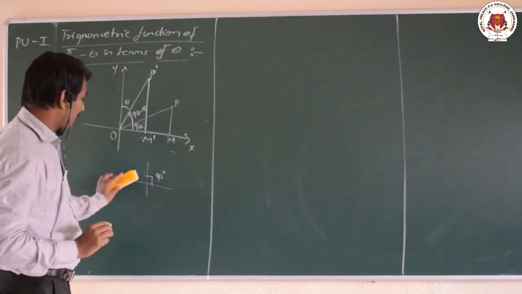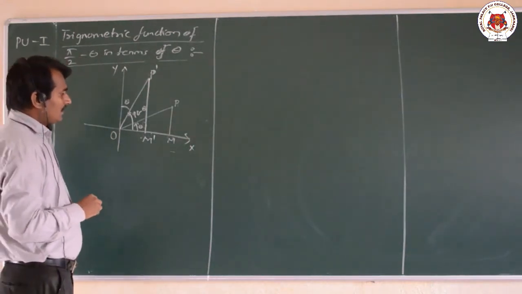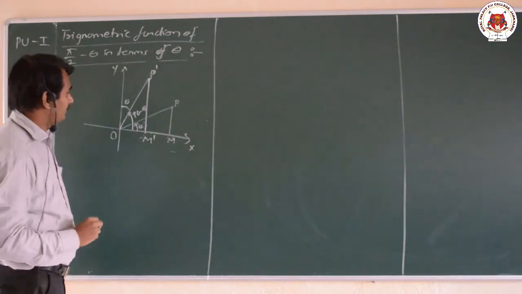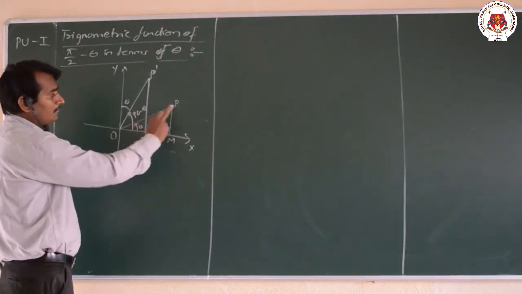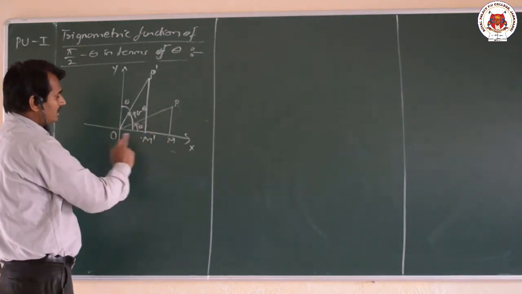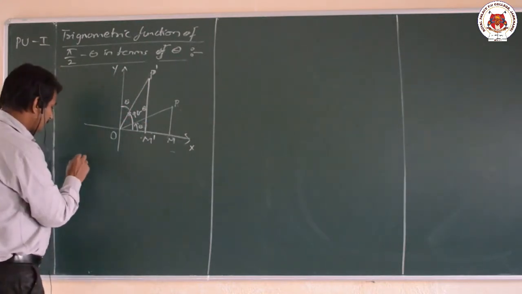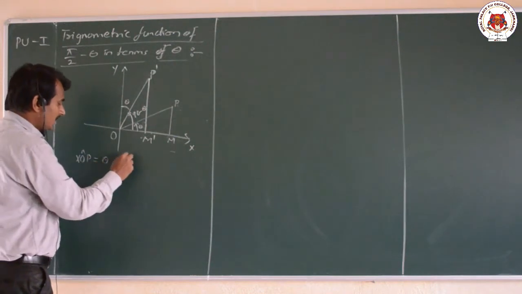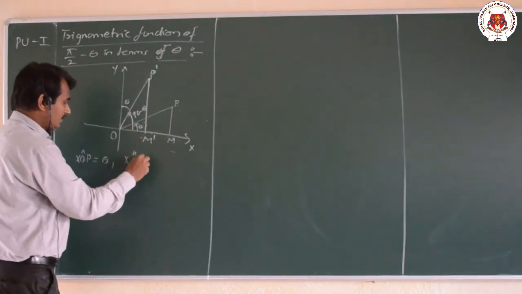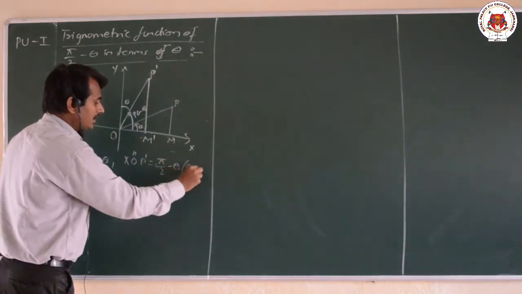This is a simple point here. Now we can observe that two triangles we got here. XOP is an angle theta, and XOP dash is an angle of 90 minus theta, that is pi by 2 minus theta.